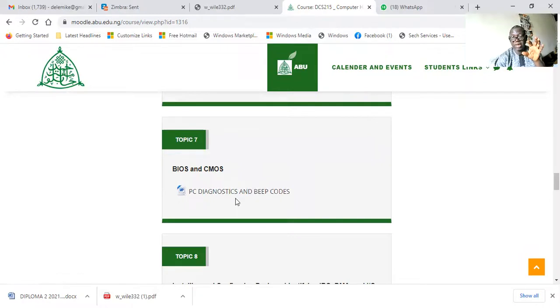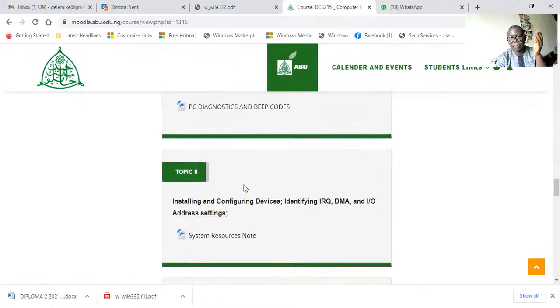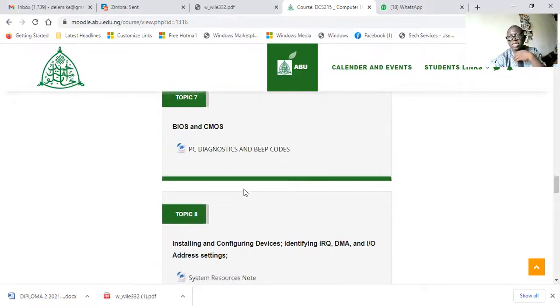And we need to also look at personal computer diagnostics and beep codes in conjunction with the BIOS versions that you have, the BIOS manufacturer or the BIOS type that you have in your system. So based on that, we have IBM, we have others, beep codes.